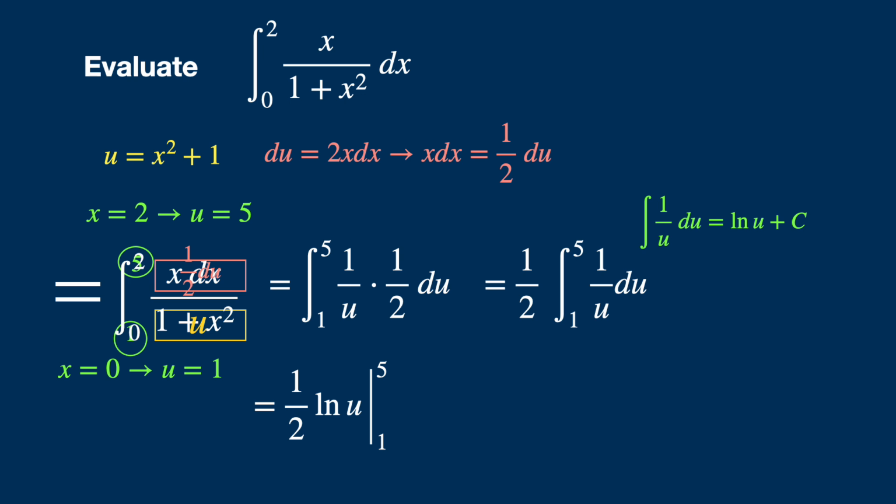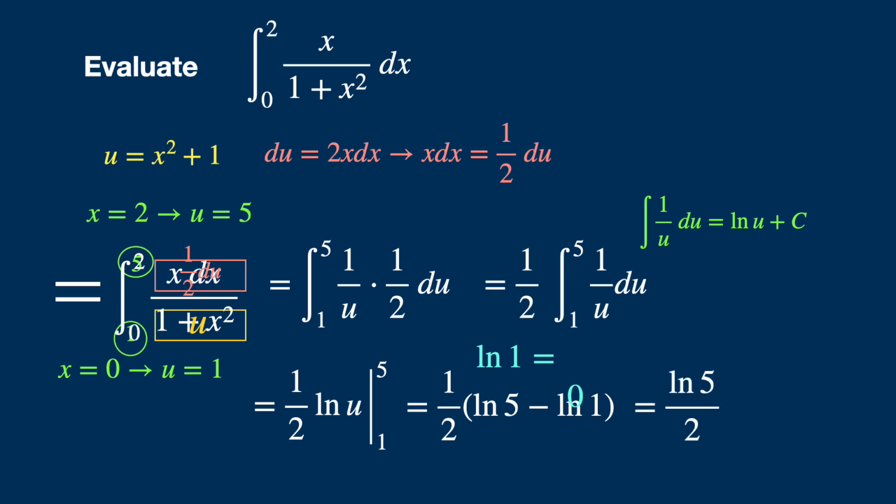Plugging in 5 and 1, we get 1 over 2 times (ln 5 minus ln 1). Remember, ln 1 is 0. So the final answer is ln 5 over 2. That's how to use the substitution method for the definite integral.